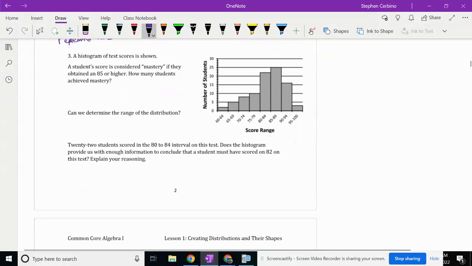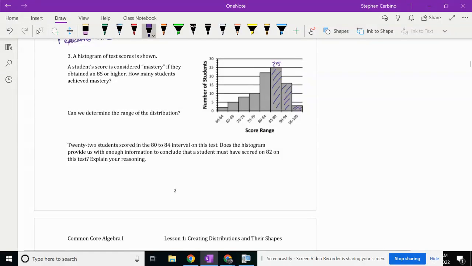Number three says that we have a histogram of test scores. A student is considered mastery if they have obtained an 85 or higher. How many students have achieved mastery? So if you look, you're only looking at the bars here that I'm going to shade in purple. Those are the only bars that are above 85. So there are 25 here.